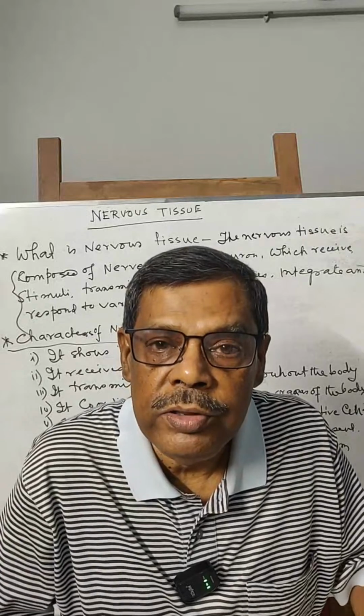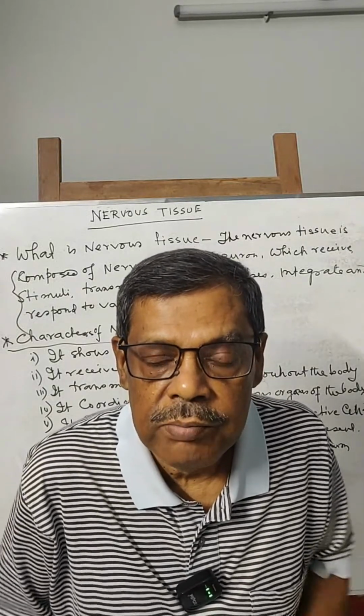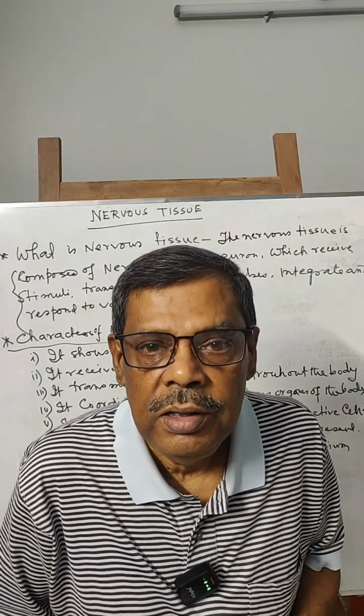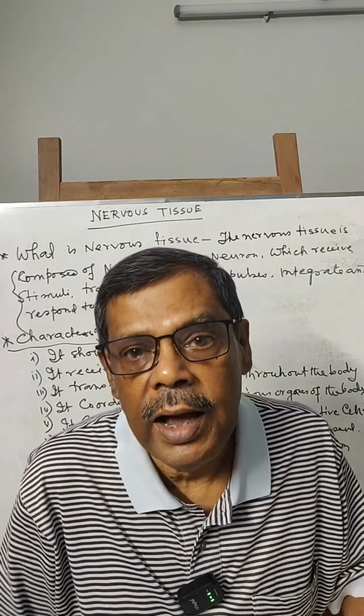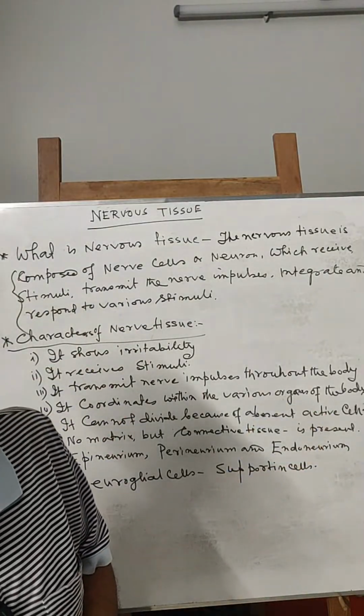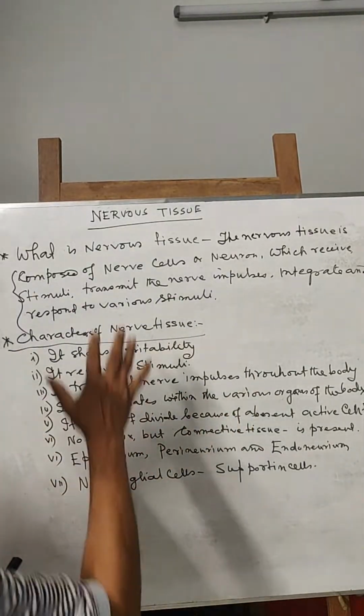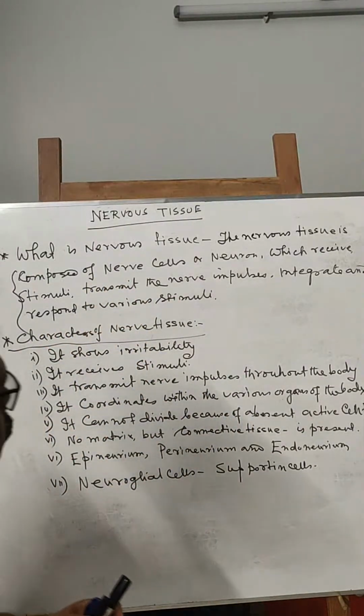But when a neuron is destroyed, the repairing takes place by the supporting cells, the neuroglial cells. This is the characters of nerve tissue.